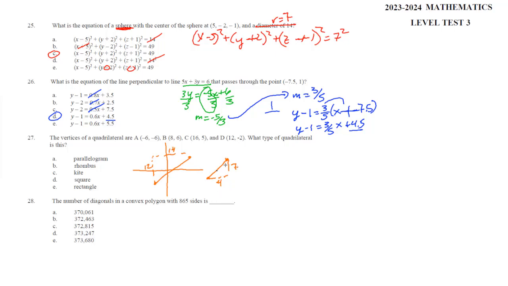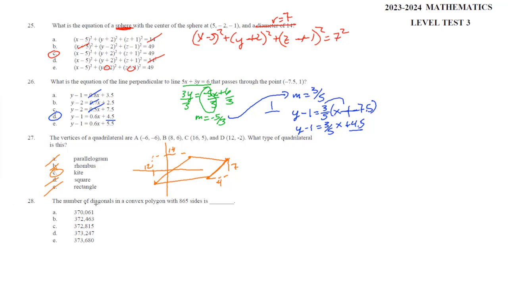No, that's a 7 to 6 ratio. So those sides aren't even parallel. So this is not a parallelogram, can't be a square, can't be a rectangle. You don't have opposite sides the same. A rhombus would have to have these two sides the same distance, so it's not a rhombus either. It looks like a kite. Alrighty then. So 27 is C.